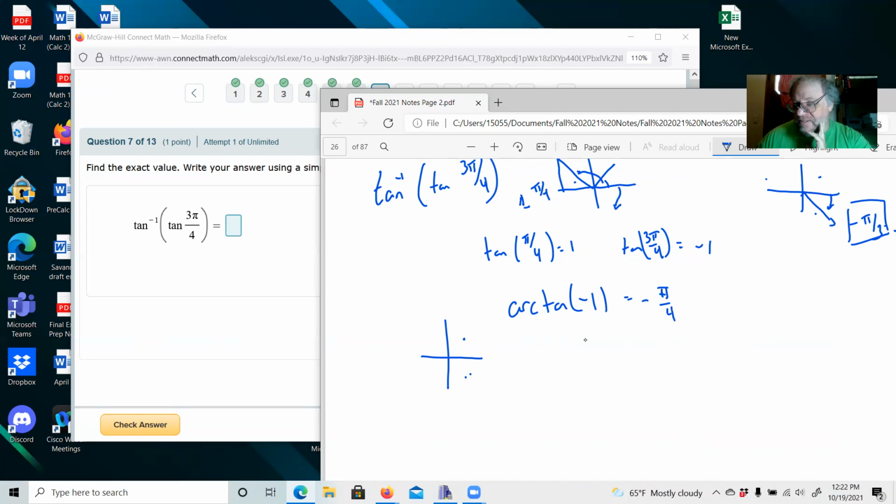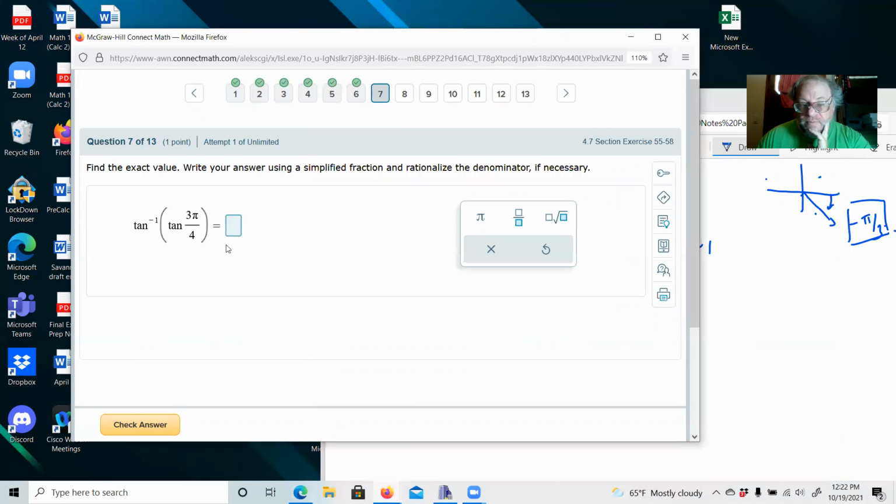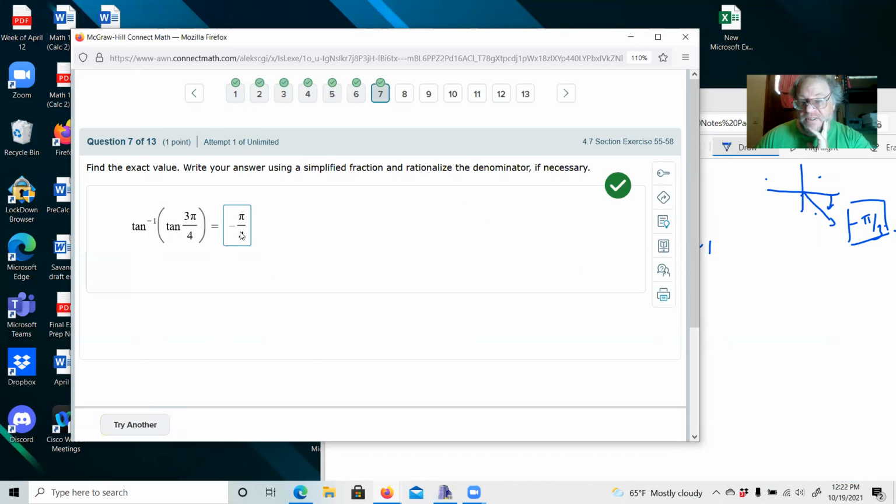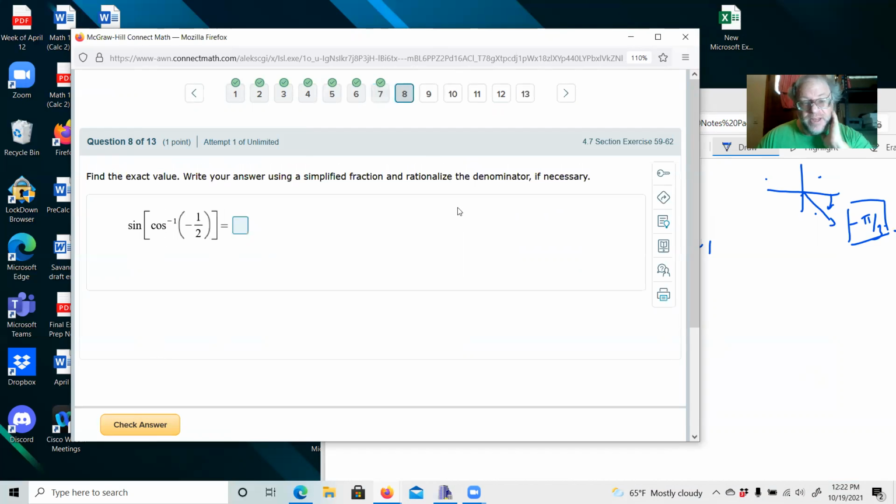So it's going to be negative pi over 4. Notice they didn't cancel each other out. This gives back this 3 pi over 4 business, right? We got a different answer. Okay, so there we go.